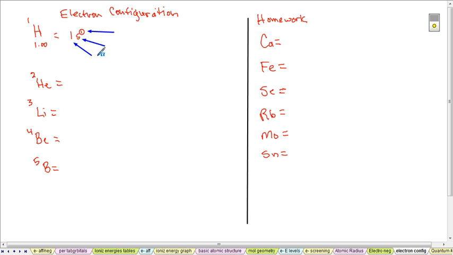And what does that mean? Well, the first one here deals with the energy level. Now this s pertains to the shape of the orbital, or the type of orbital.